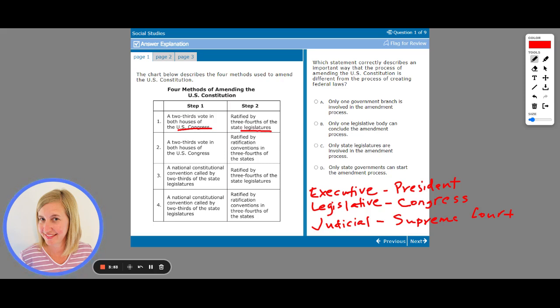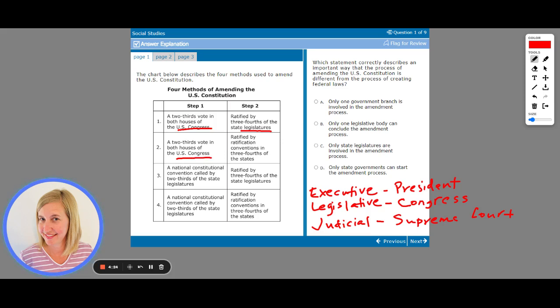So we have our U.S. Congress, and then we have state legislatures, like the state Senate and the state House of Representatives, just like we have the U.S. Senate and the U.S. House of Representatives. So we've got these legislatures at the national level, and then each state also has a legislature, but it's still part of the legislative branch. Okay. Congress, same thing, legislative branch.